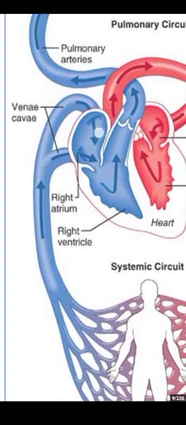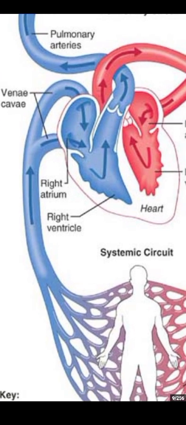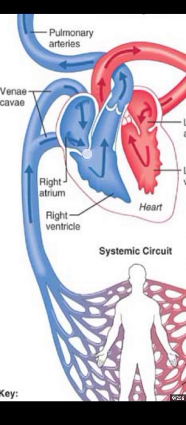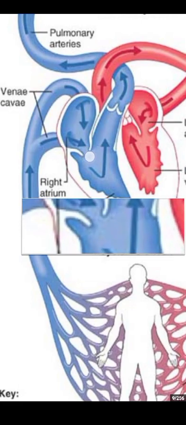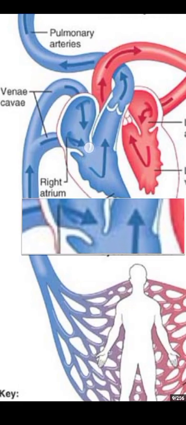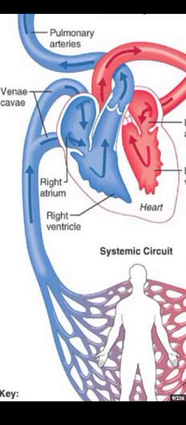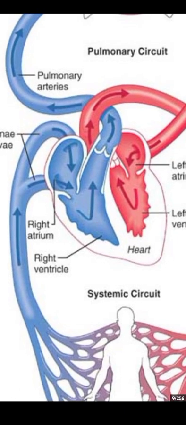After the right atrium, you can see the arrow, it goes through the tricuspid valve, and through the tricuspid valve it enters the right ventricle.